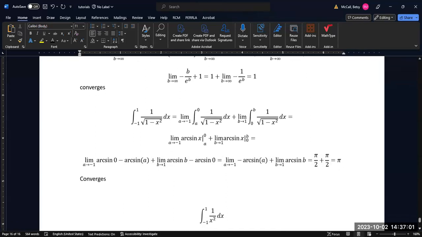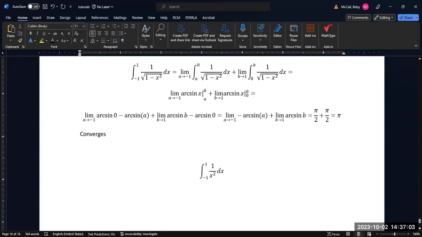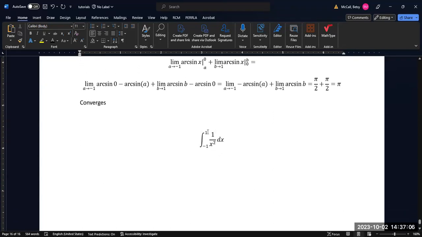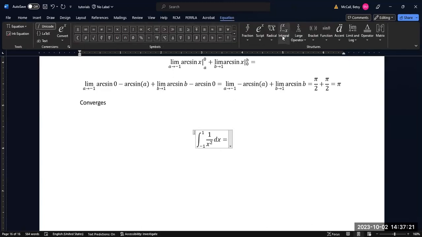Now, for the last one, this one it's perfectly well defined on the ends. These ones sometimes are a little harder to spot. The problem is actually in the middle. The problem is at 0. So what we're going to have to evaluate this at is as if we were going from -1 to 0 of 1 over x squared, or x to the -2.